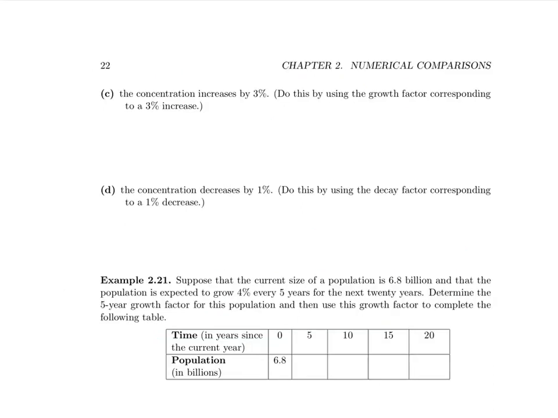Let's work part C. In this case, the concentration increases by 3%. Here we're not told the factor by which the concentration has changed, but rather the percentage by which it's changed. If it has increased by 3%, this corresponds to a p-value of 0.03. From knowing the p-value, we can go ahead and calculate the r value, because r is 1 plus p. So r in this case is 1.03.